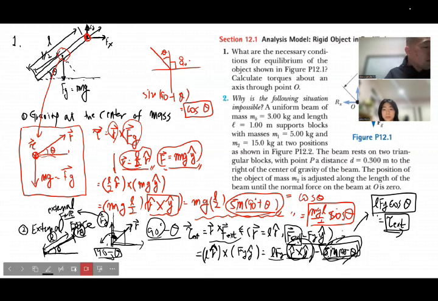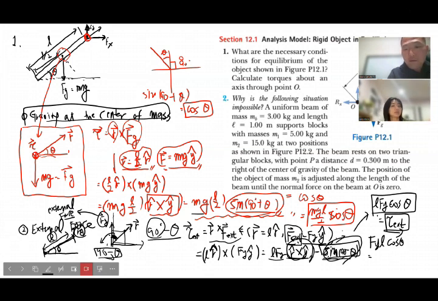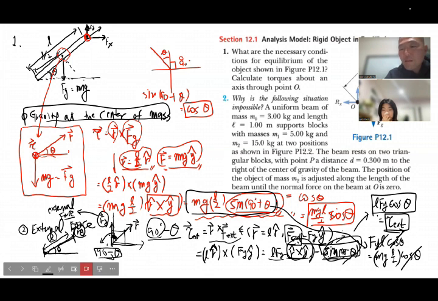So that is Fy L cosine theta, the same as mg L over 2 and cosine theta. Let's cancel out the cosine theta, and L is canceled out.